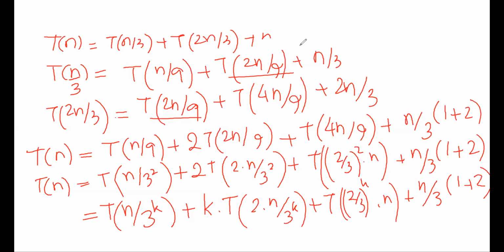It has to be expanded once more to see the pattern, but what I want to tell you is this n by 3^k and 2n by 3^k.